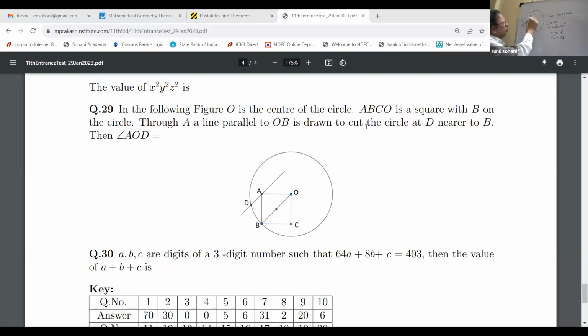O is the center of the big circle, and OB is the radius of that circle. OD is also a radius of the circle. So whatever the value of OB, that is also OD. So now we have the value of OD as root 2.